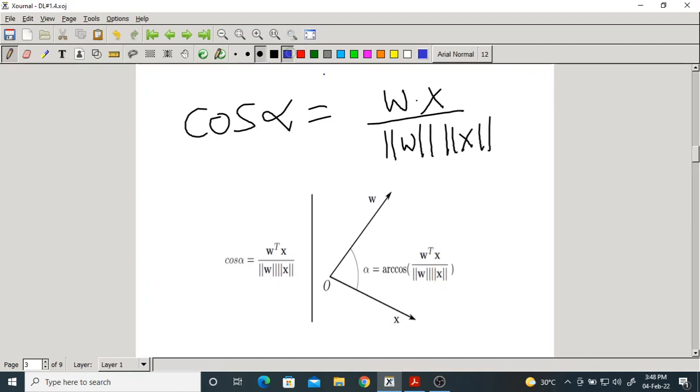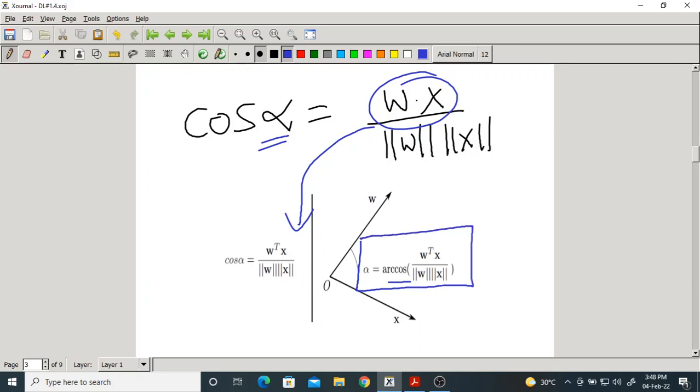But what is w dot x? It is also equal to w transpose into x. Now what is alpha? It is the cos inverse of this quantity. Alpha is cos inverse of w transpose x by mod w into mod x.